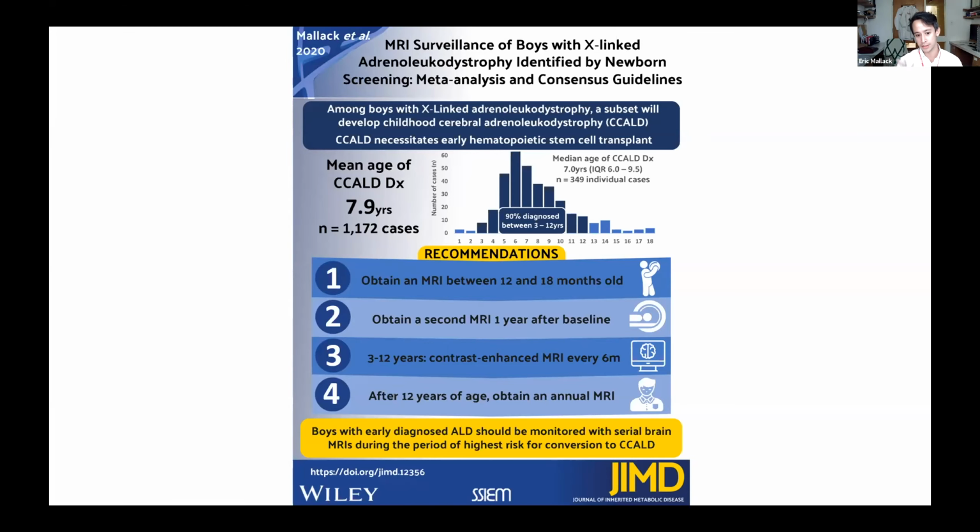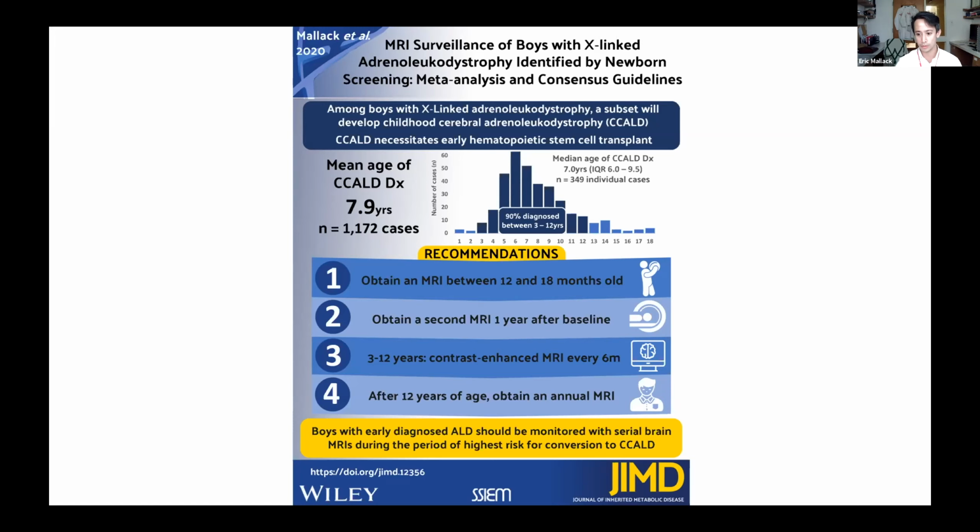But then based on the distribution, from 3 to 12 years of age, the recommendation is to obtain a contrast enhanced MRI scan every 6 months, and then yearly thereafter. So those are the screening recommendations. Importantly, based on the data that we acquired, we found that there were no cases of cerebral ALD, as far as we can tell, published in the literature, less than 1 year of age.